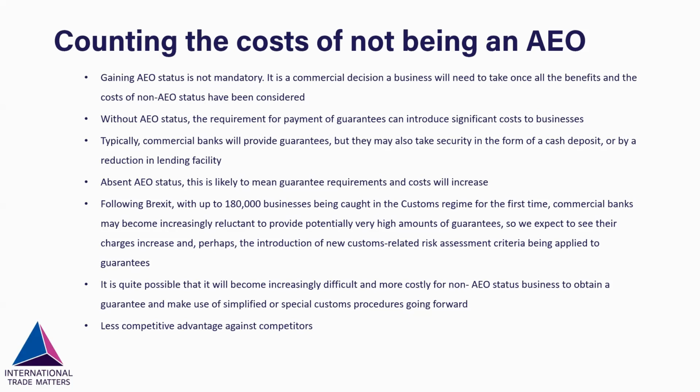So if you're going through the AEO process, these guarantees will disappear. It is quite possible that it will become increasingly difficult and more costly for non-AEO status businesses to obtain these guarantees and to make use of simplified or special customs procedures. Less competitive advantage against your competitors.